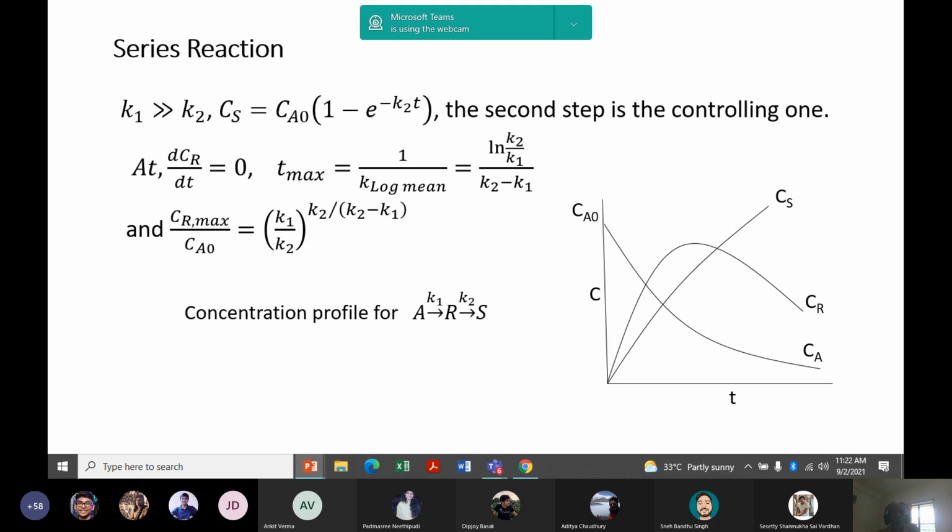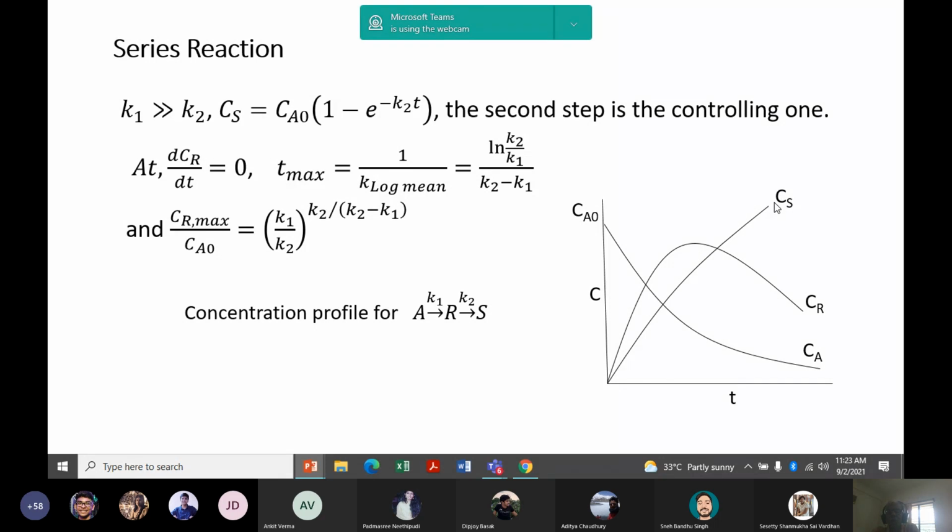So I will discuss the plug flow reactor with multiple reactions, series reactions, later. Now the concentration profile for all these series reactions looks like this. The intermediate concentration always goes through a maximum, and the final product Cs is just ever rising gradually.